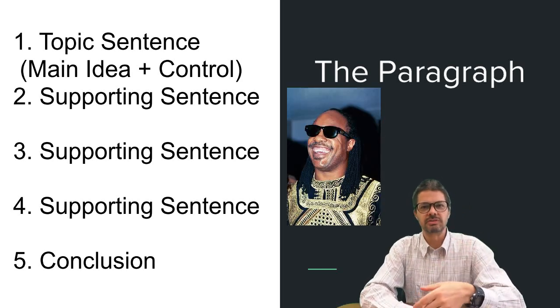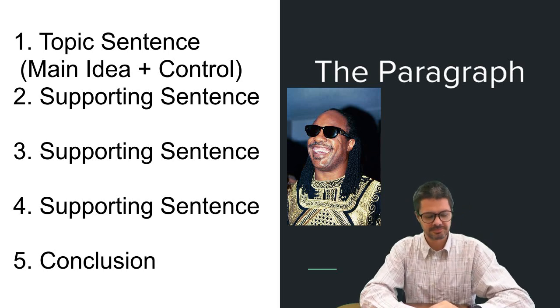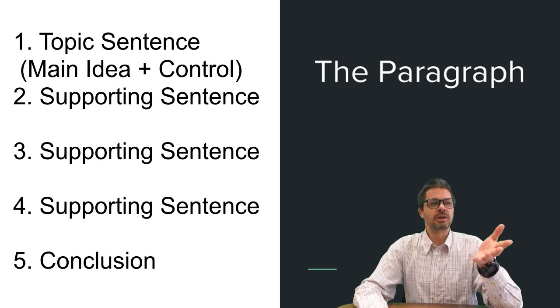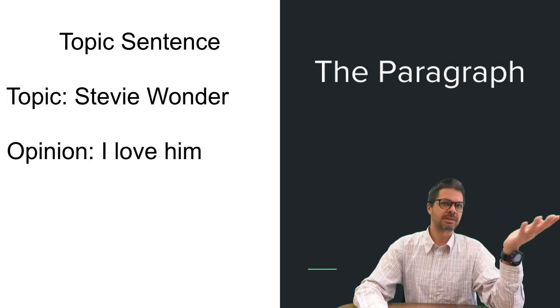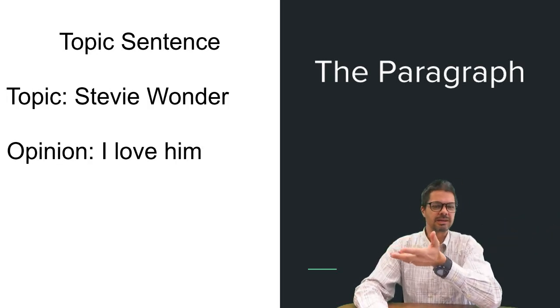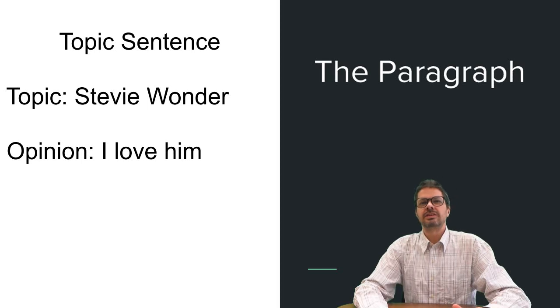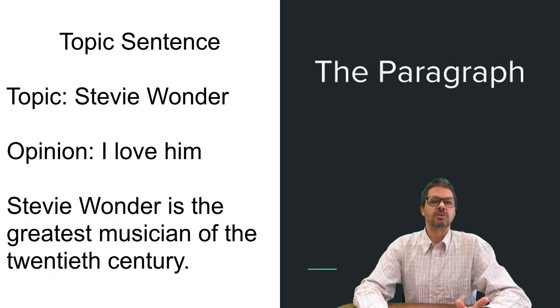You know the musician Stevie Wonder? Pretty famous. Anyway, the topic is Stevie Wonder, and we need an opinion, right? So we say, Stevie Wonder is the greatest musician of the 20th century.